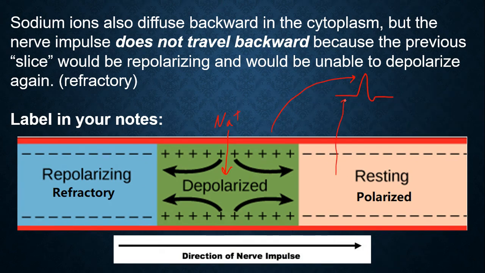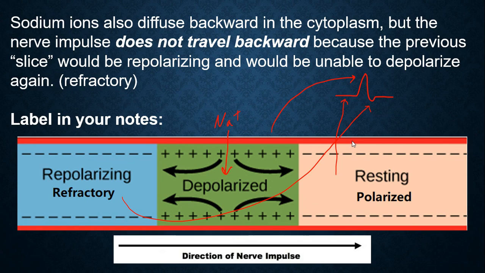So this part right here is resting. And the previous part of this particular little section that we're looking at had just gone through depolarization, and it is repolarizing. It's in refractory. All right, so this section right here is at this part of the graph.